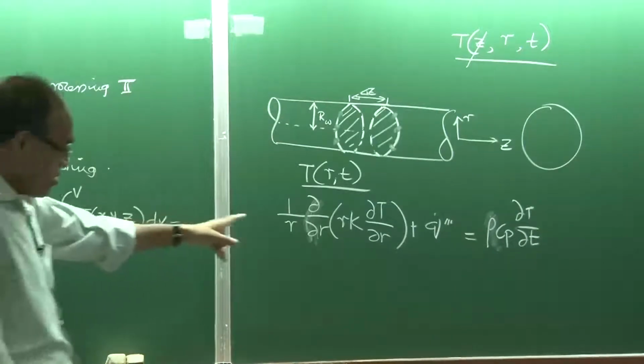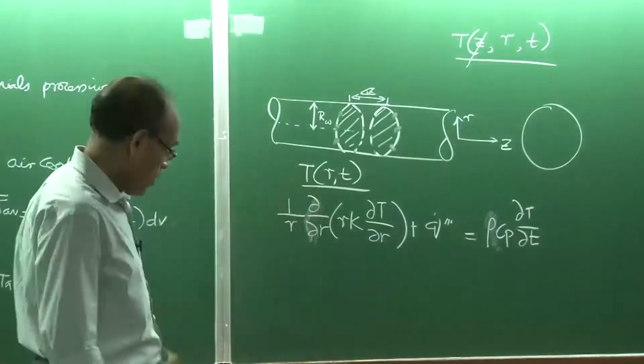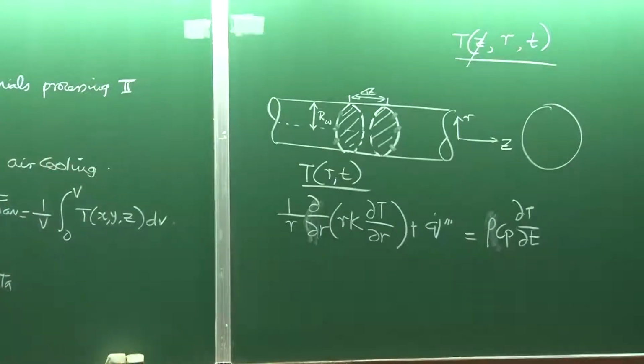This describes the variation of temperature as a function of radial coordinate and as a function of time itself.